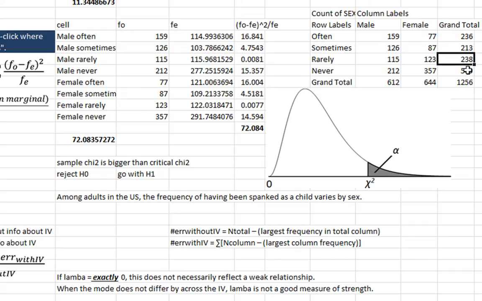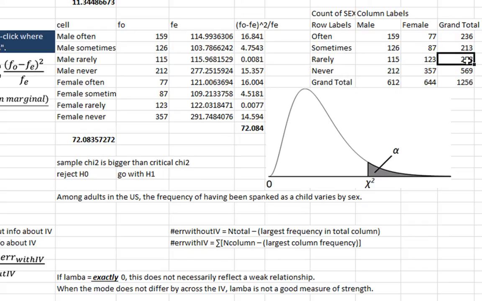If I had a randomly selected person, and I had to guess which category they fell into, well, if I knew the data from the sample, I would guess the mode, right? So the mode was never, and I'd be right 569 out of 1,256 times.